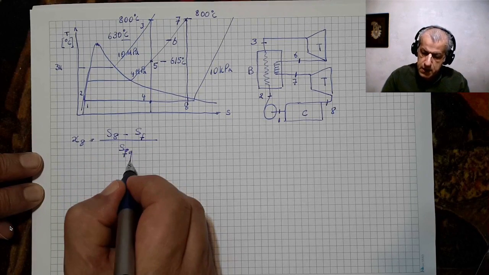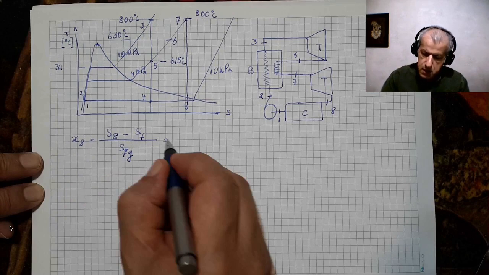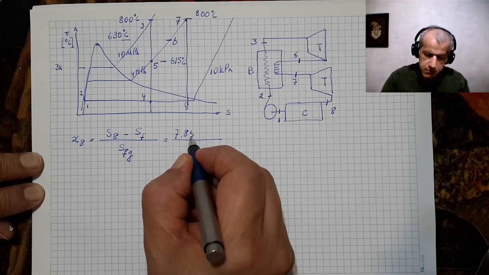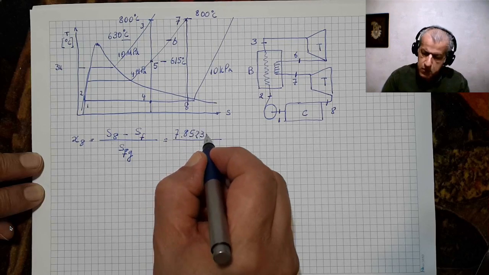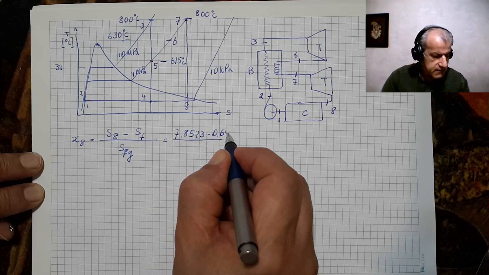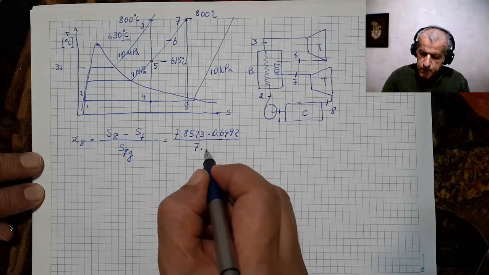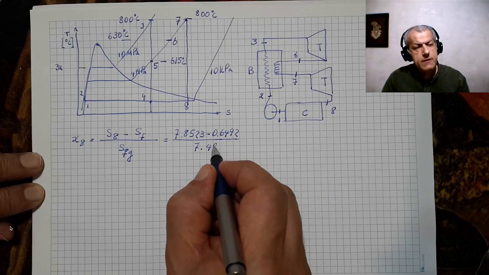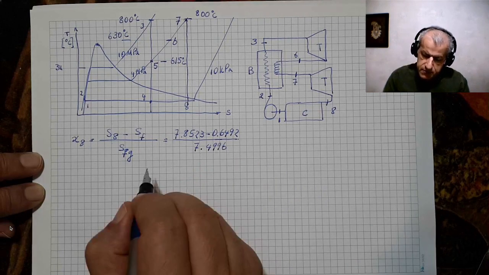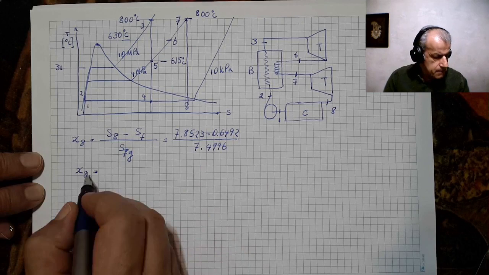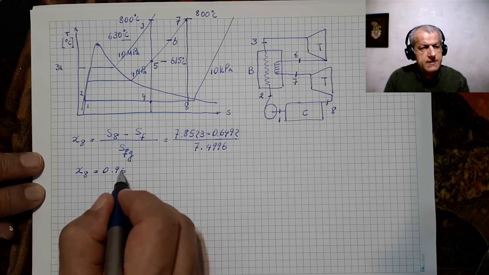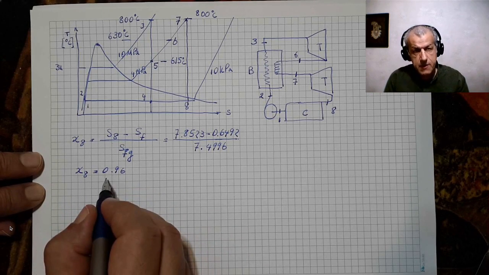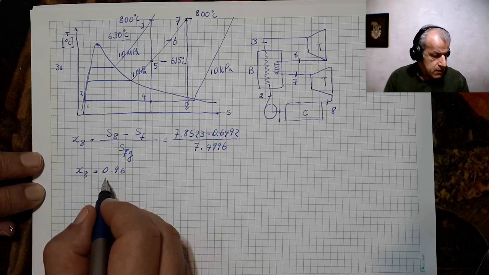Putting numbers into this equation, it would be (7.8523 minus 0.6492) divided by 7.4996. The outcome of this would give us x8 to be 0.96.